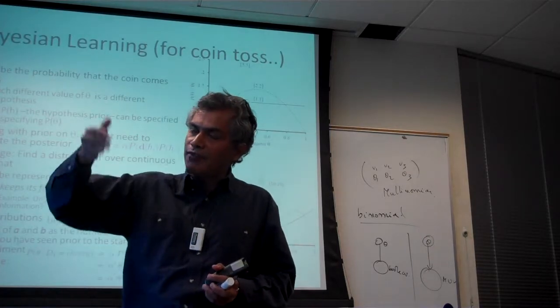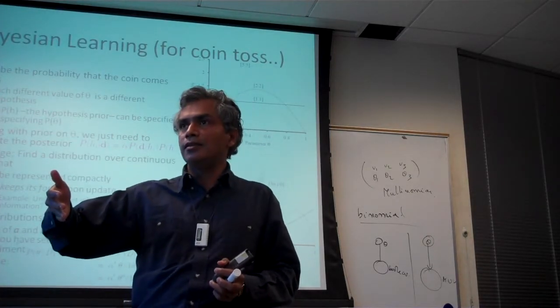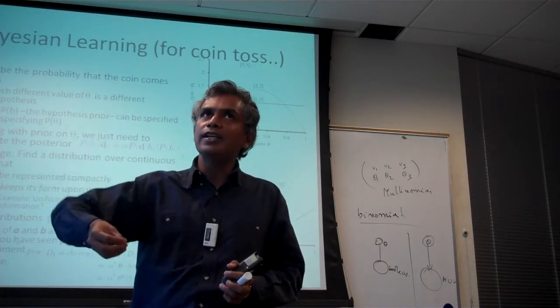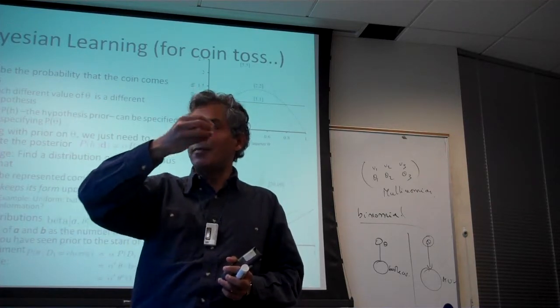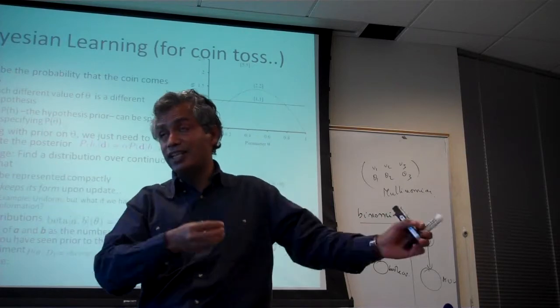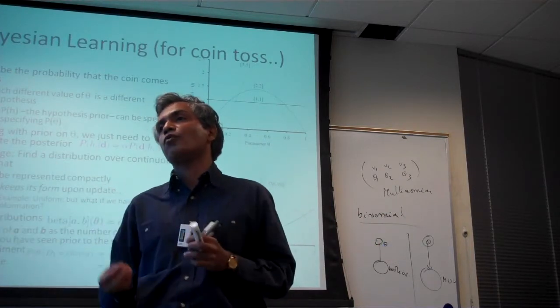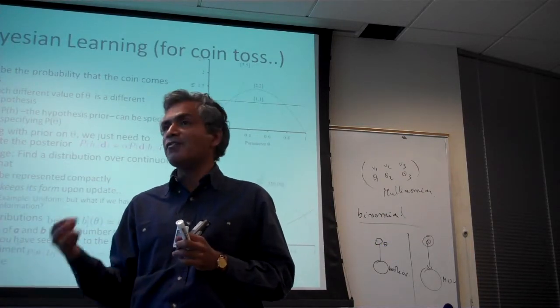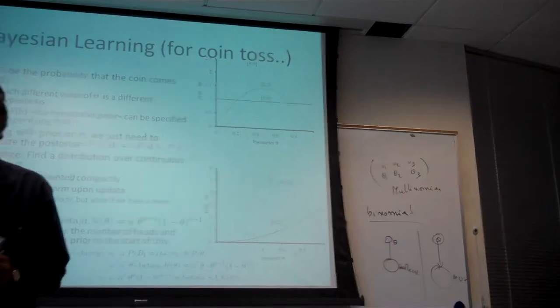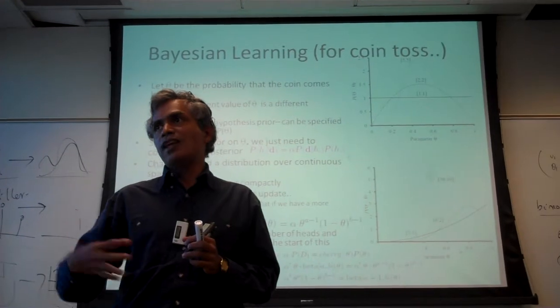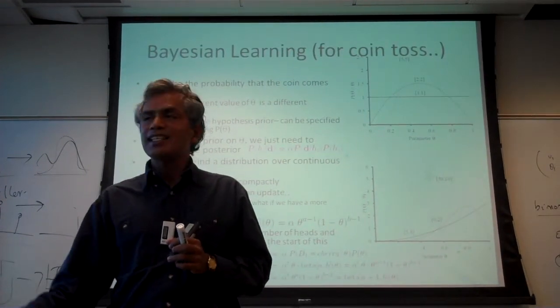So some properties of the data that you have seen in the past should be affecting what you will see in the future. It may well be the case, for example, that the color of the coin has nothing to do with whether it will come heads or tails. But that's a different issue.